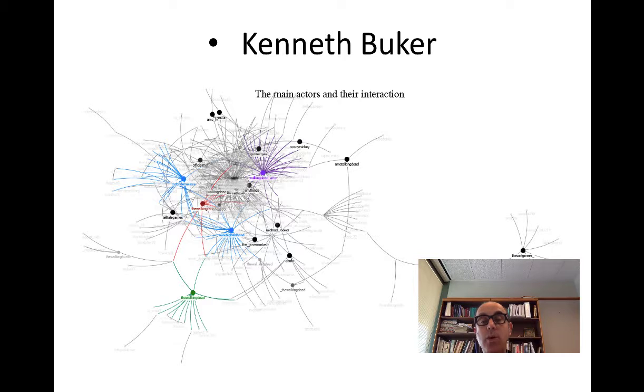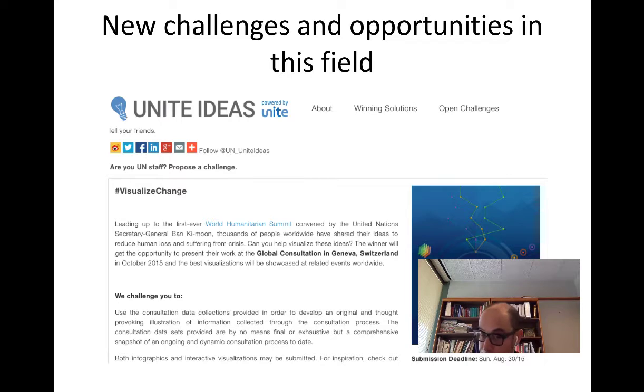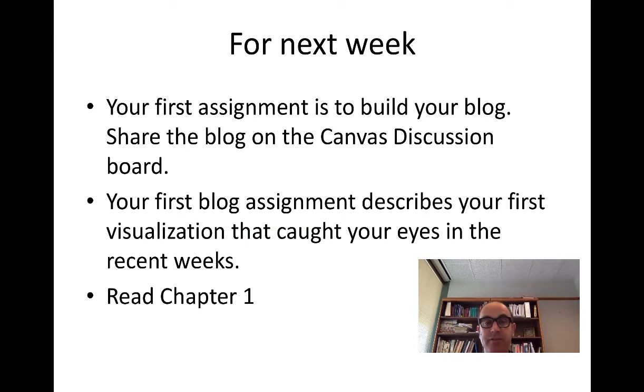With the use of open source R, you can take the data from Twitter, download it, and try to analyze it based on main actors in Twitter. So the new challenges and opportunities in the field, this is United Ideas, and they are always calling for new solutions and new ideas, and I strongly encourage you to take part in it.